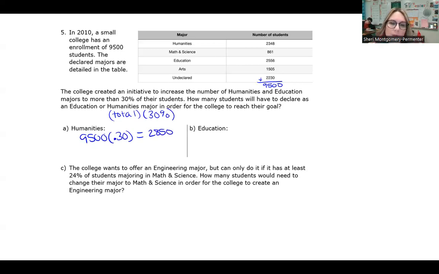All right, if they want 30% to be humanities, currently for humanities, there are 2348. So not quite 30%. So we have to figure out how many students will have to declare. So we have to find the difference. So we can subtract 2348 to figure out how many more students would have to declare a major for humanities.